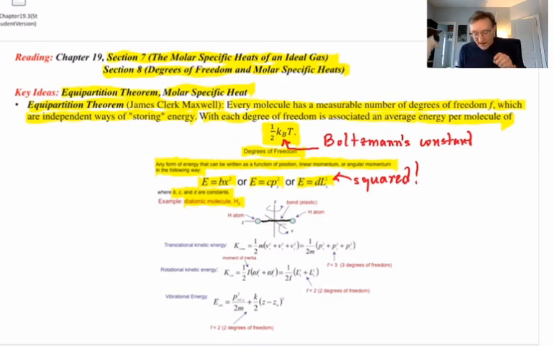I have drawn the hydrogen molecule in this dumbbell picture with the bond along a z-axis, and then an x-axis perpendicular to the bond, and a y-axis perpendicular to the bond. Okay?